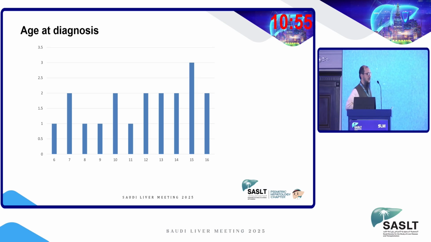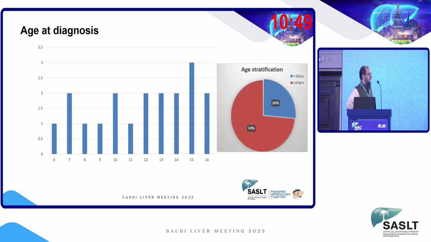So we see that the youngest child that needed transplantation due to Wilson disease was 6 years old. It's interesting to note that almost a quarter of the children who underwent liver transplantation were less than 10 years of age, and the remaining 75% were diagnosed above 10 years of age.